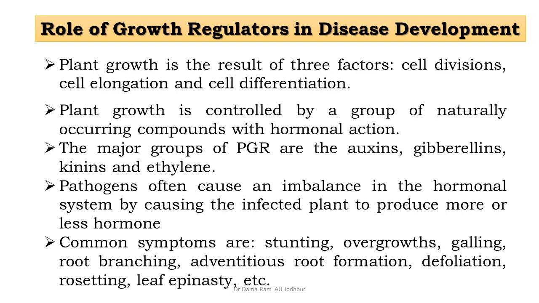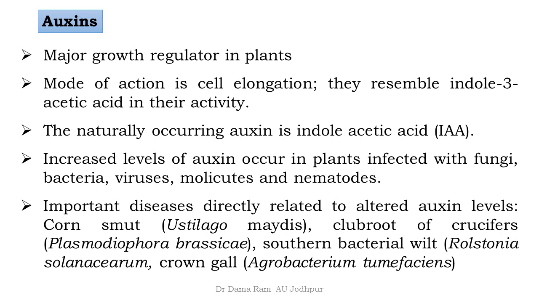Plant growth is controlled by a group of naturally occurring compounds with hormonal action, often referred to as plant growth regulators. The major groups are auxin, gibberellin, kinetin and ethylene. The symptoms induced are stunting, overgrowth, galling or gall formation, and root branching. Now come to auxin.